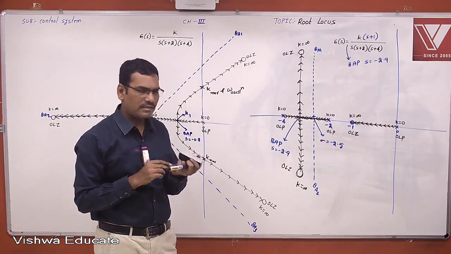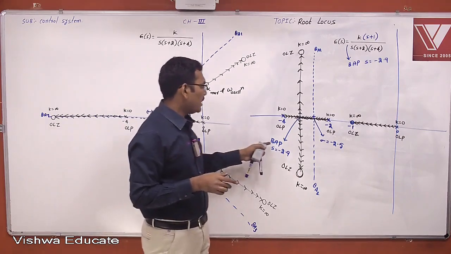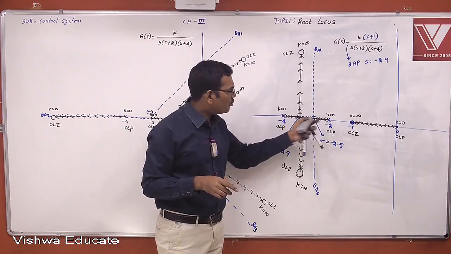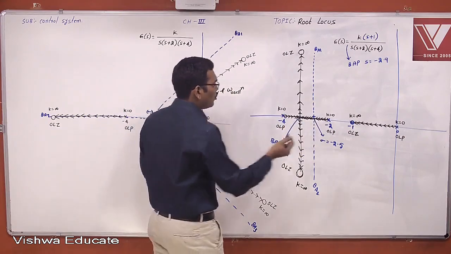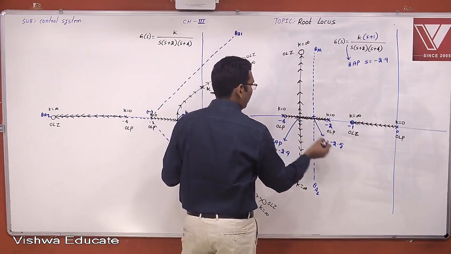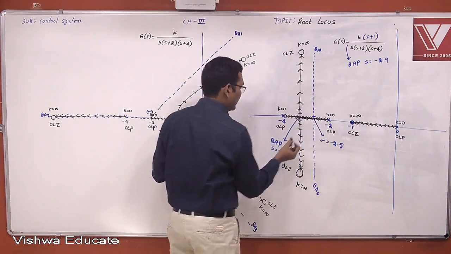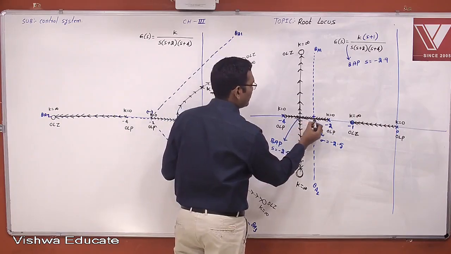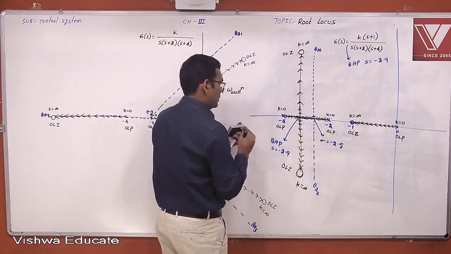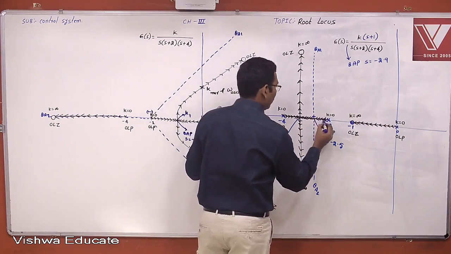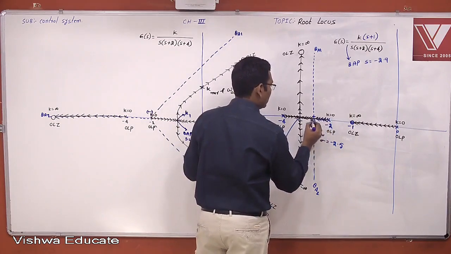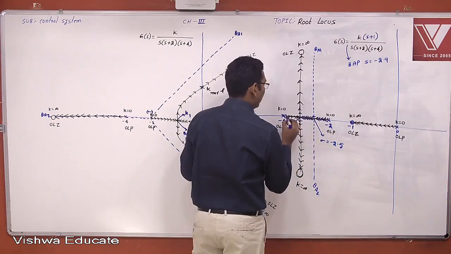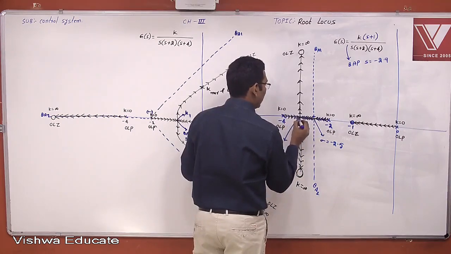Then students ask a question: sir, do this breakaway point and this centroid both always lie on the root locus branch or not? This is the root locus branch. -2.5 is on the root locus branch. -2.9 is also on it. So the centroid is on the root locus branch and the breakaway point is also on the root locus branch.